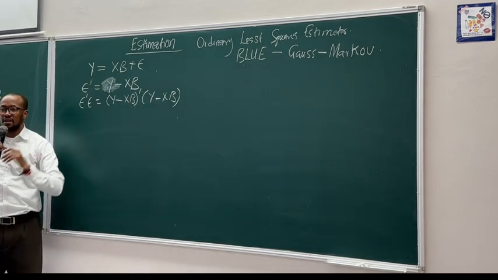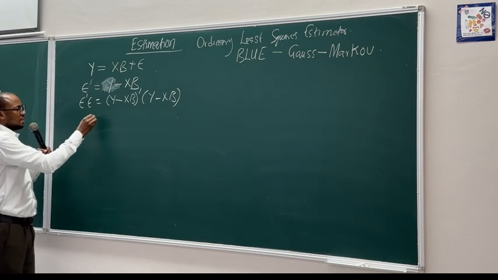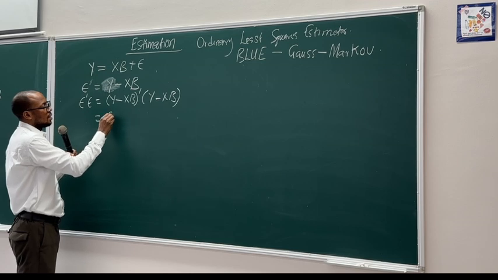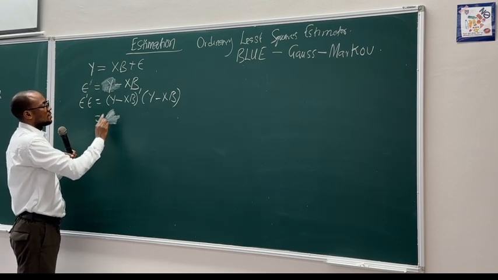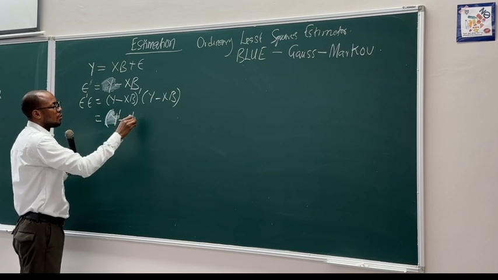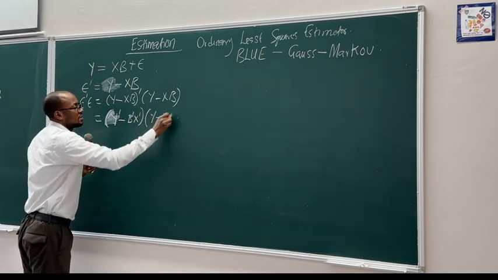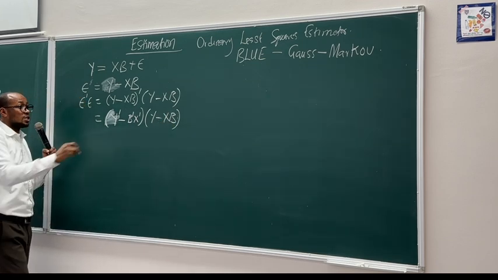This is very clear. Okay, so now that we have arrived here, this is the same as y transpose minus b transpose x transpose, times y minus x beta. This is the rule of transposition.